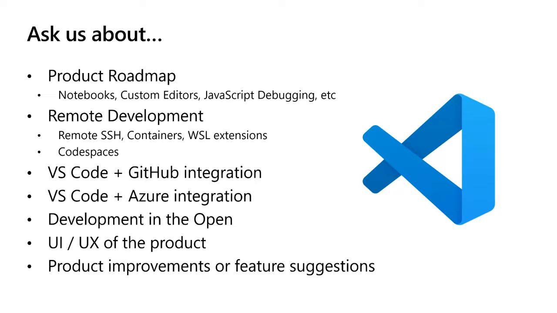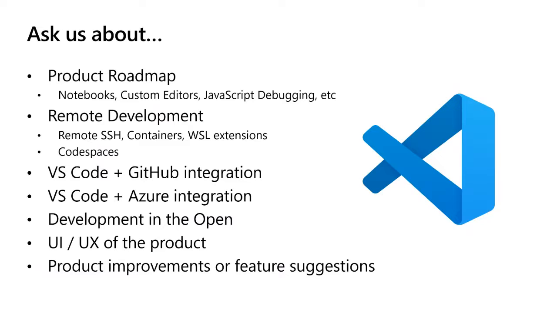Remote development, so if you're doing remote SSH or containers or WSL or Visual Studio Code Spaces, there's a great talk later this afternoon that I'll do on remote development. Any integrations with Azure or GitHub, how we do development out in the open, happy to answer questions on that. Like I said, there's the UI, the UX of the product. Miguel is here to answer questions on that. And what do you want to see? So let us know.